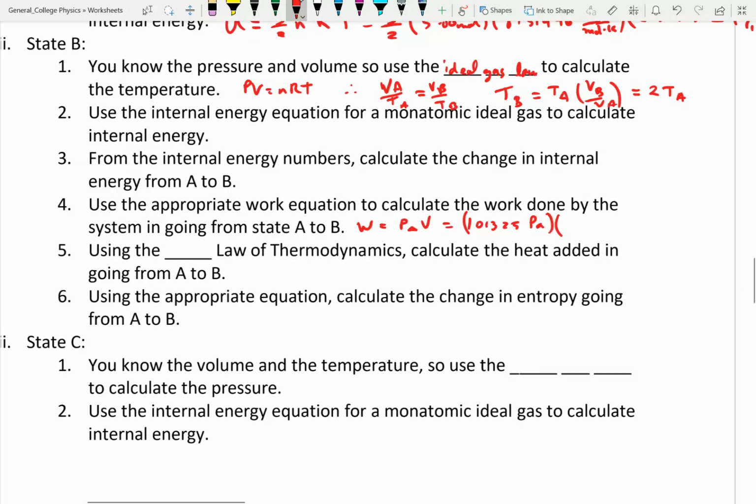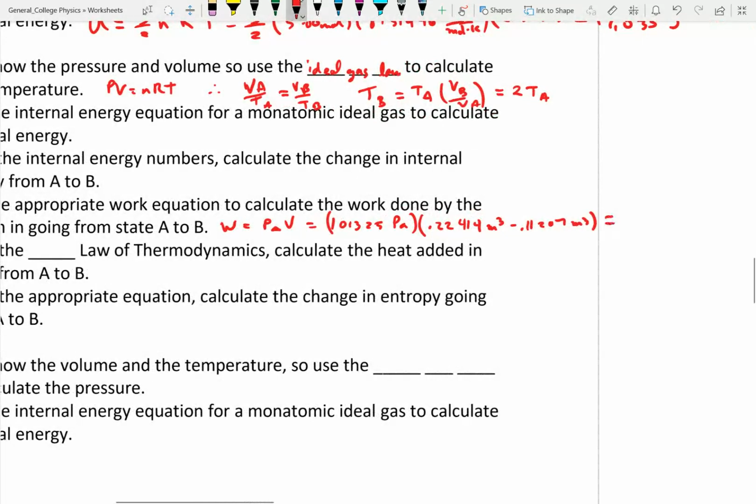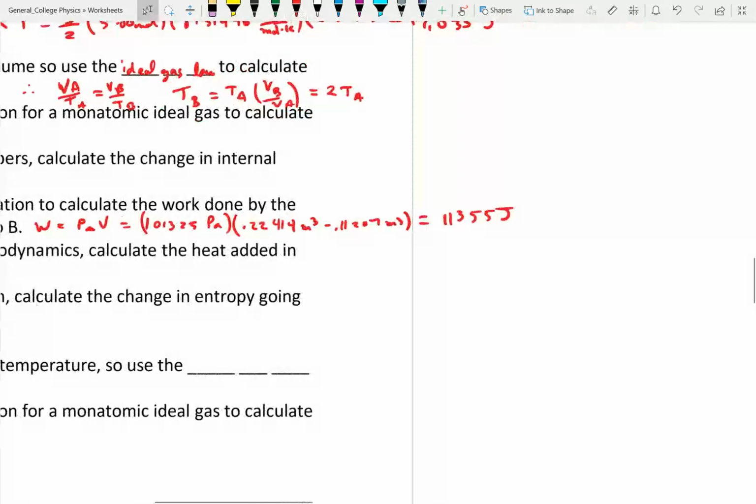So the change in volume is final minus initial, 0.22414 minus 0.11207. And that gives me a work of 11,355 joules.